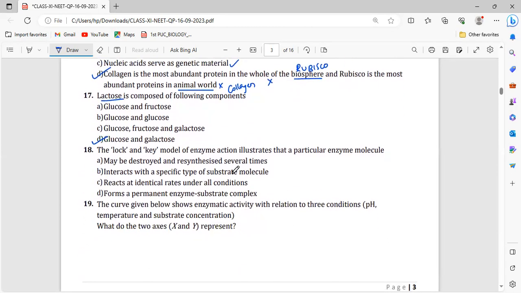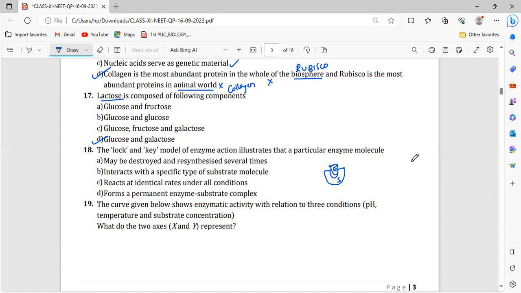18. The lock and key model of enzyme action illustrates that a particular enzyme molecule. So if we look at the lock and key model, the substrate and enzyme have exactly complementary shapes.